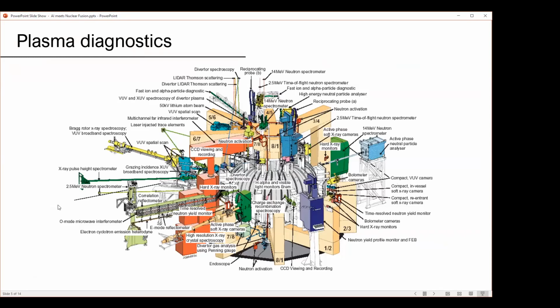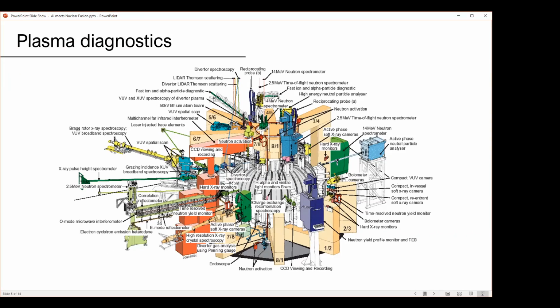JET has about 100 diagnostic systems, and this is the part of the talk that starts connecting with AI. So attached to this machine, we have many different kinds of diagnostics, because there are many different quantities that we want to measure. I can give you a few examples.